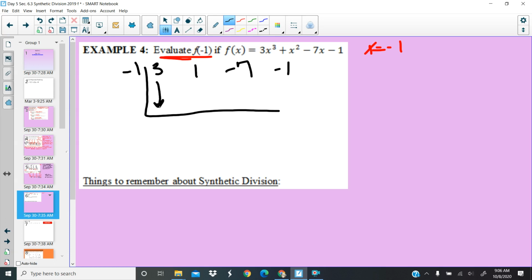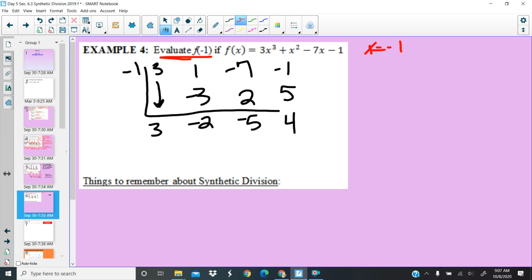Then we're going to drag down our first coefficient, which is 3, multiply that by -1, and record our -3 in the next column. 1 plus -3 is -2. -2 times -1 is +2. -7 plus 2 is -5, and then -5 times -1 is +5, plus -1 in the column, and you get 4.